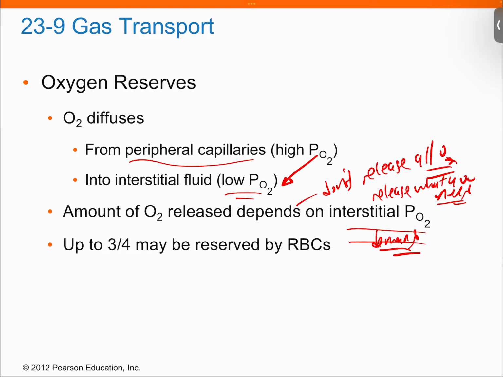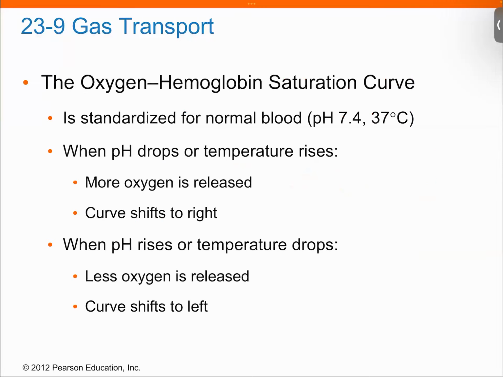Again, dispelling that misperception that venous blood is deoxygenated, right? You could still carry up to 3/4 of your oxygen in a hemoglobin, and that's referred to as your reserve. So you still have that oxygen in there, and that adds to, by the way, your blood oxygen saturation, right? When you're doing a pulse ox, that's what it's looking at.